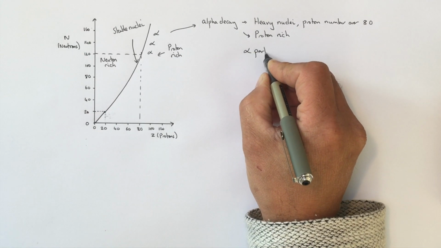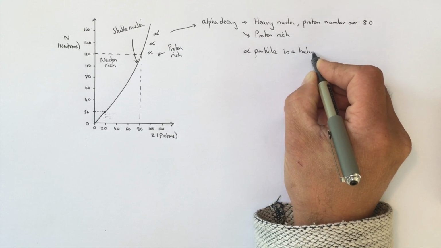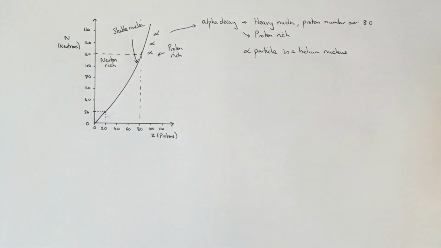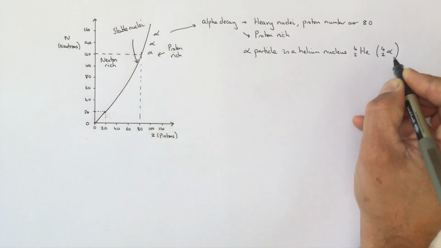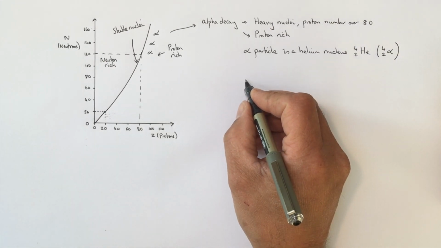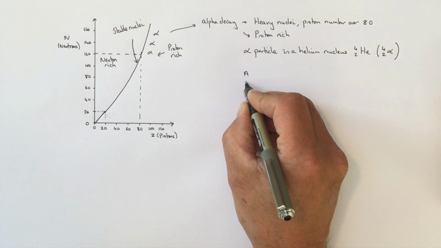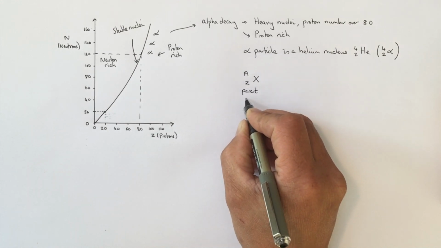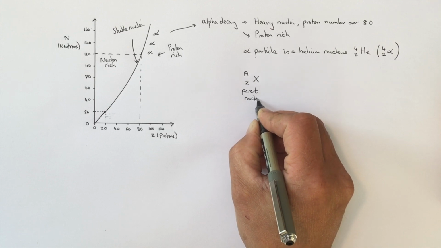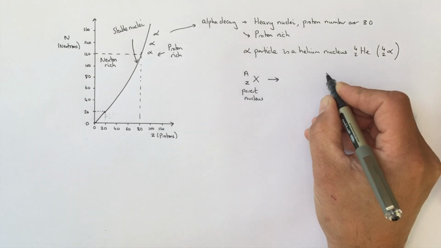Alpha particles are helium nuclei, which consist of 2 protons and 2 neutrons, no electrons, and so they've got a 2+ charge. We can write a general equation for the decay by alpha, where A is the nucleon number of protons and neutrons, Z is the proton number, and X stands for the parent nucleus.